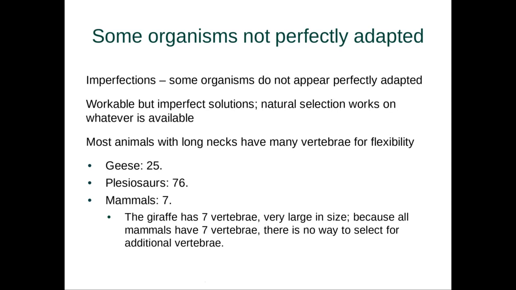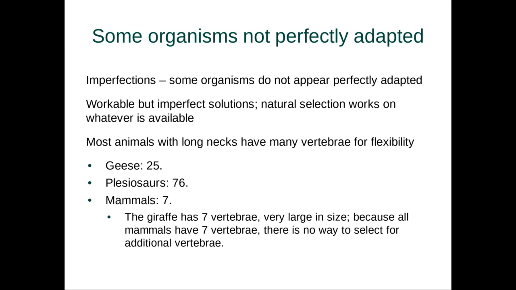So now, evolution, as I've mentioned, is not directed, right? It doesn't say, I'm going to make the perfect organism, and that's not the goal of evolution. Evolution with natural selection says, here's the environment, and it selects for traits. It's not like domestication, where we select for exactly the traits we want, right? So evolution does produce lots of imperfections, where some organisms simply do not appear perfectly adapted to the environment.